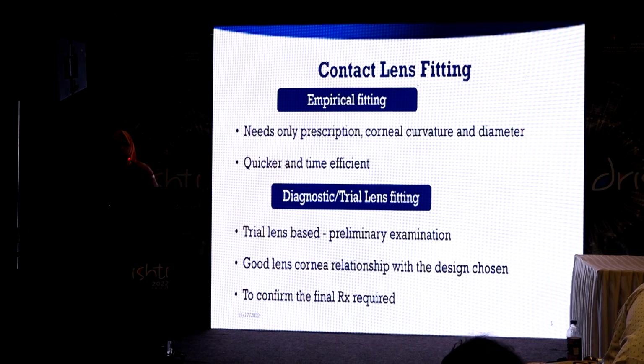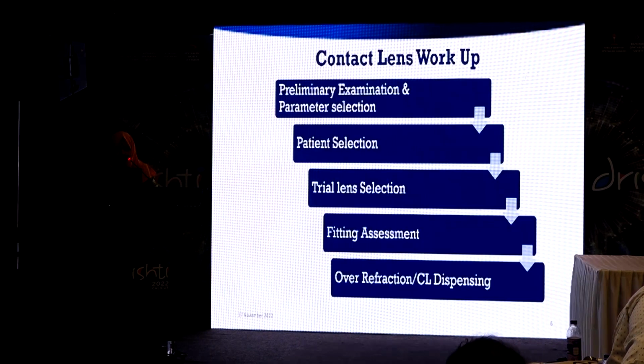Diagnostic or trial lens fitting is based on the preliminary examination that the patient has to undergo, and there should be a good lens-cornea relationship with the design we choose. Finally, we have to confirm the final Rx which is required. It is very helpful in choosing the initial trial lenses.